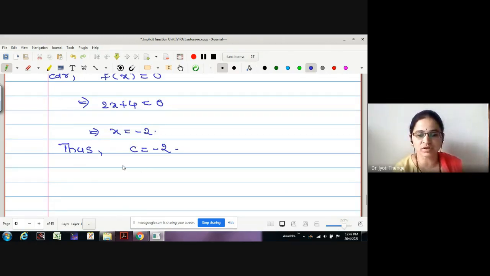Now we'll find out the value at the point c of all the derivatives. What is the value at the point c of the second order derivative? Just a minute, this pen tablet is not working neatly.